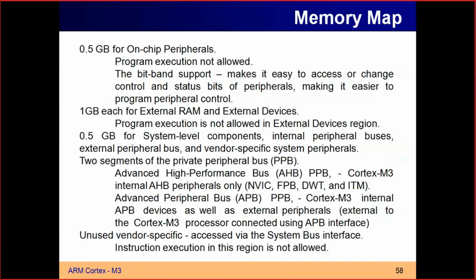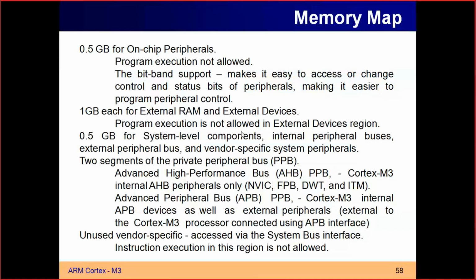And again here also you have the bit band support. Then 1 GB of external RAM and external devices. Here also program execution is not allowed. You can write the program only in code memory, the SRAM area, and one more area, the external RAM area. In other locations, you are not supposed to write the program. And if you try to write it, it won't happen.